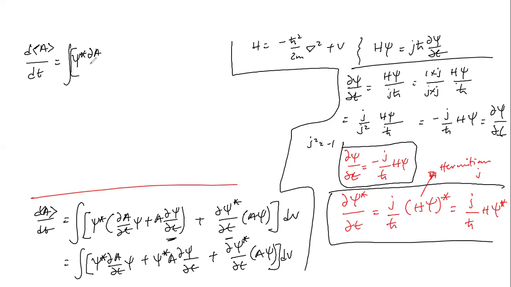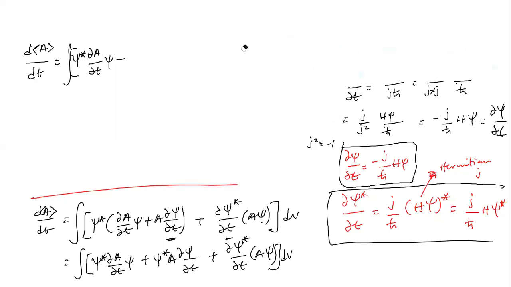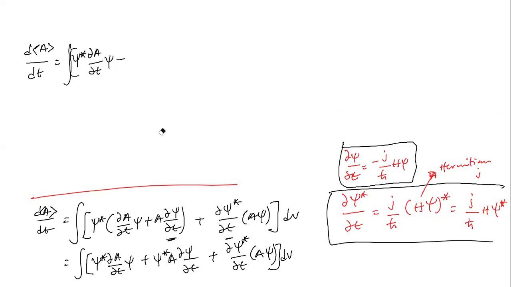dA/dt psi, negative. So let's wipe all of this. Don't need this anymore. Minus. Now, d psi/dt becomes minus j over h cross H psi. Okay?